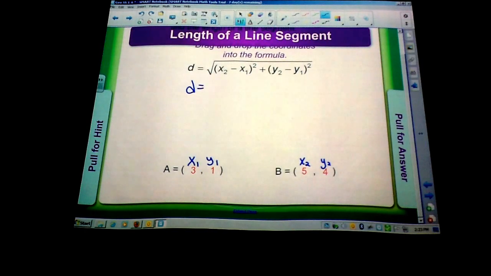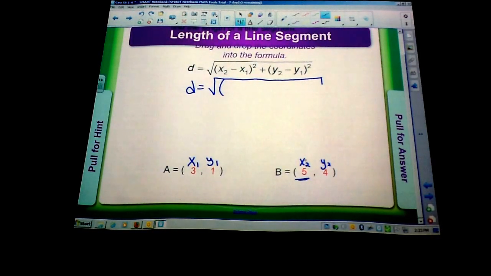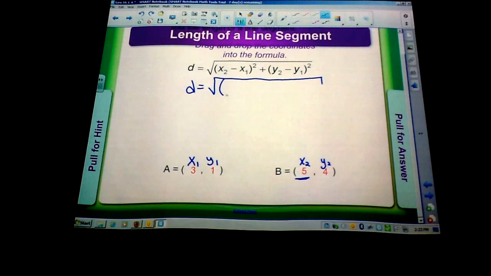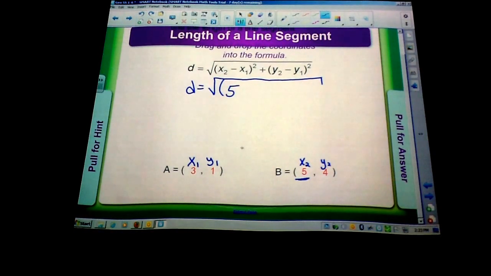So we're going to have the distance is equal to the square root. Well, my x sub 2 is the 5. All I have to do is locate x sub 2 and look to see what is underneath of it. Minus is part of the formula. Don't forget to write your minus even if you have negative coordinates for either one of your points.